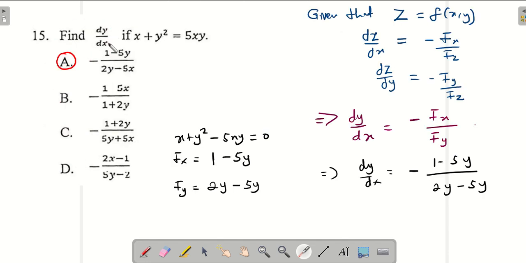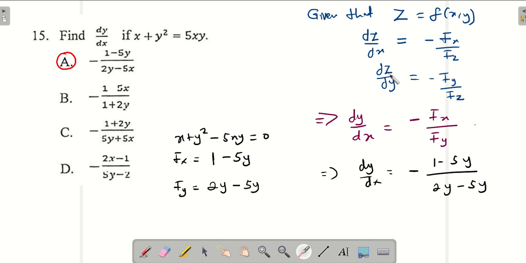Find dy/dx if x plus y squared is equal to 5xy. Now remember that if you have a function of two variables, that is z is equal to f of x, y, implicitly, the partial derivative of z with respect to x becomes negative the partial derivative with respect to x over the partial derivative with respect to the dependent variable z.